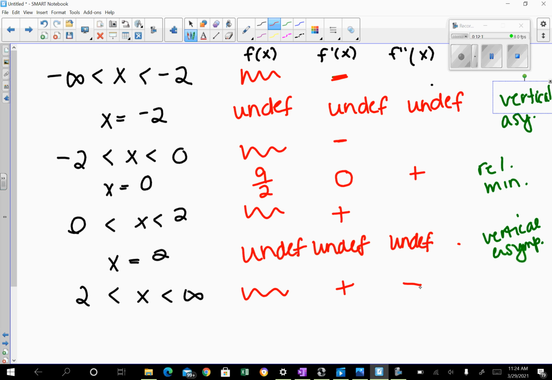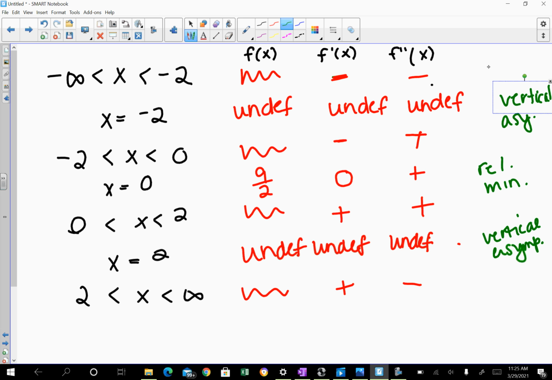And then conclusion-wise, the first derivative tells us if it's increasing or decreasing, and the second derivative tells us about concavity.